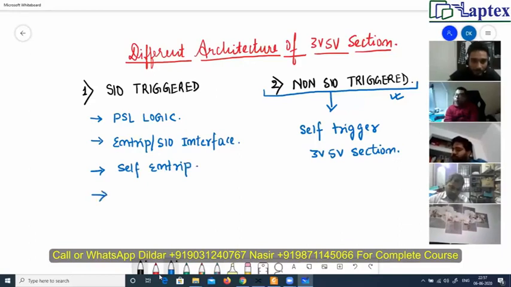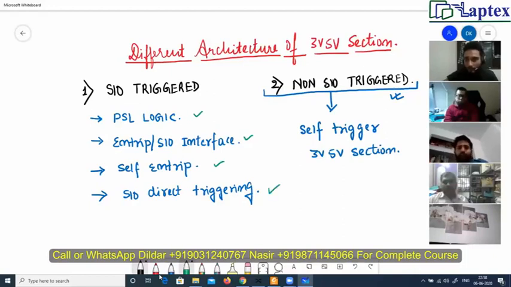You will come across SIO direct triggering. Okay. This is 1, 2, 3, 4 and 5. Total 5 architectures that we'll see one by one.